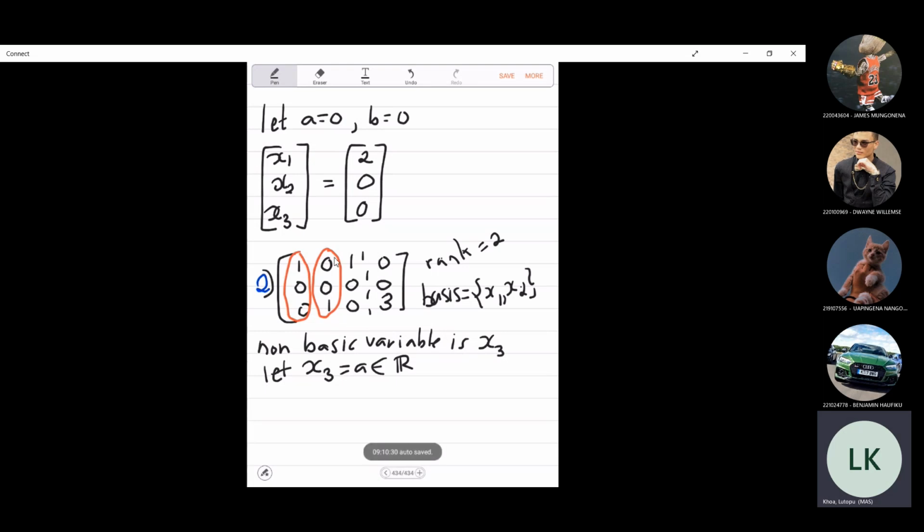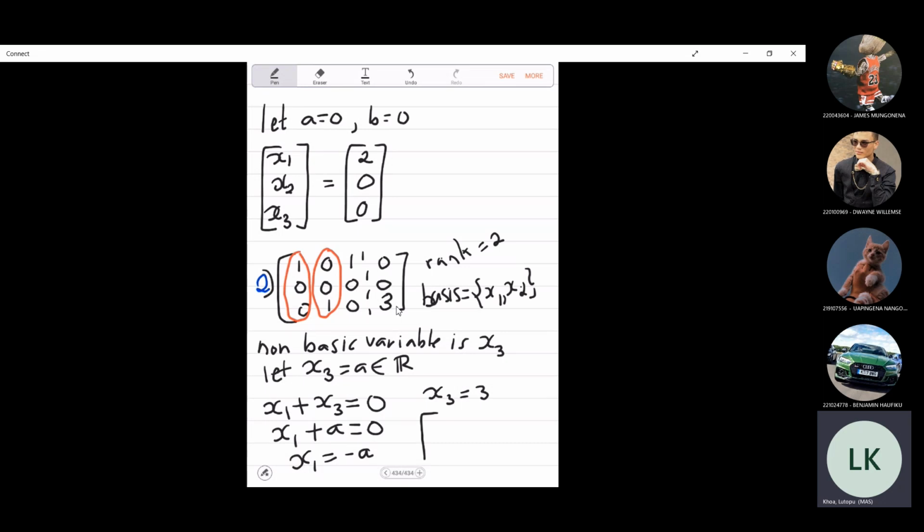So we will say x1 plus x3 is equal to 0, but x3 is equal to a, so we have x1 plus a is equal to 0. So this means x1 is equal to minus a, and for this one, x3 is just equal to 3.